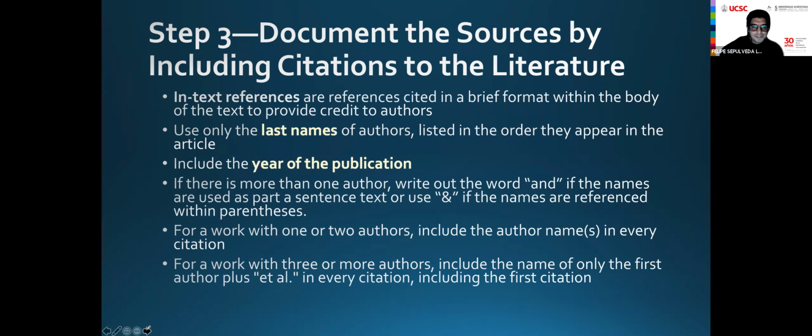Here are some, I think we have reviewed this, but some general guidelines that you have to use to make these citations. Okay, the in-text references are these references that you cite in a brief format within the body of the text. As a general rule, you include the last name of the authors that appears in the article, and also the year of the publication.